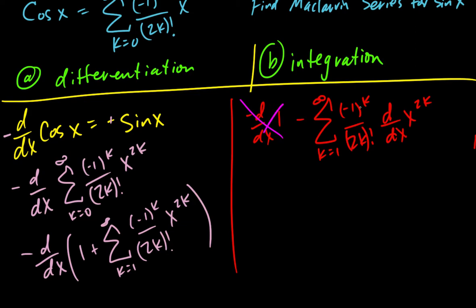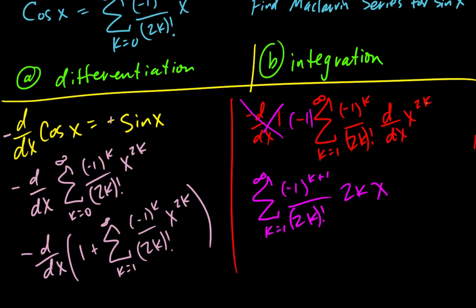So I'm going to bring this negative in here. So this is like a negative 1. Bring it in here. That's going to increase this by 1. And so we get k equals 1. This would be negative 1, k plus 1. Okay. And then the derivative, we bring this down in front, then we reduce this by 1. So that's how that shows up.